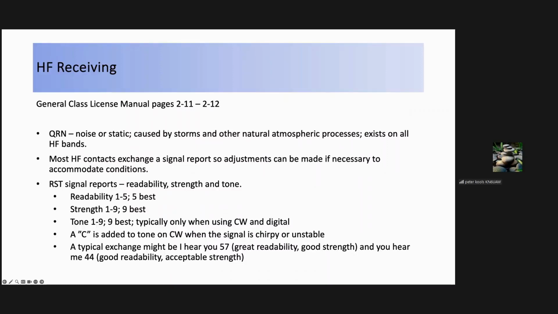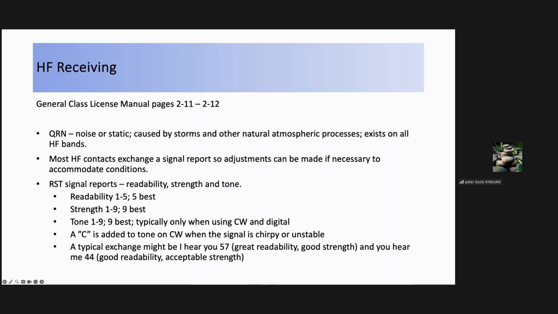All right, let's talk about HF receiving. A wide area of content here, frankly. So there's a little bit in the exam that we'll cover. There's a lot of other things of interest in HF receiving, but this is what the exam is going to cover.